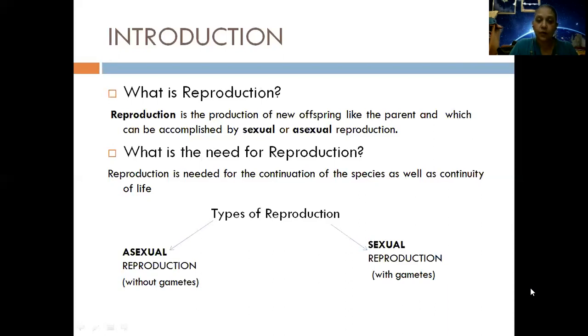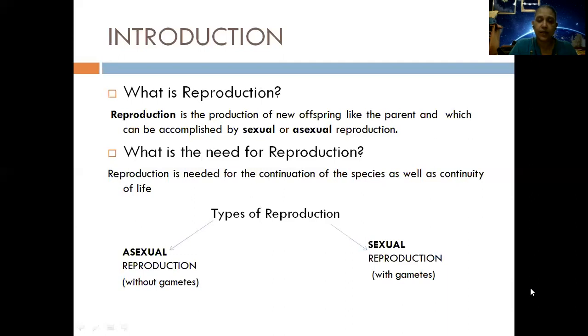Now we go to the categories of reproduction. The first category is asexual reproduction. As you see on the screen, what is asexual reproduction? It is reproduction without gametes.